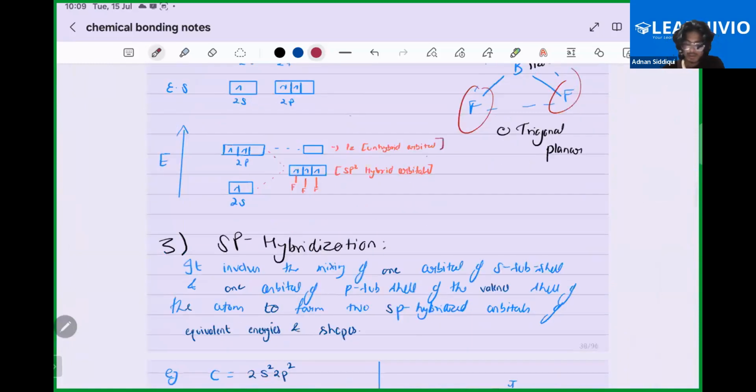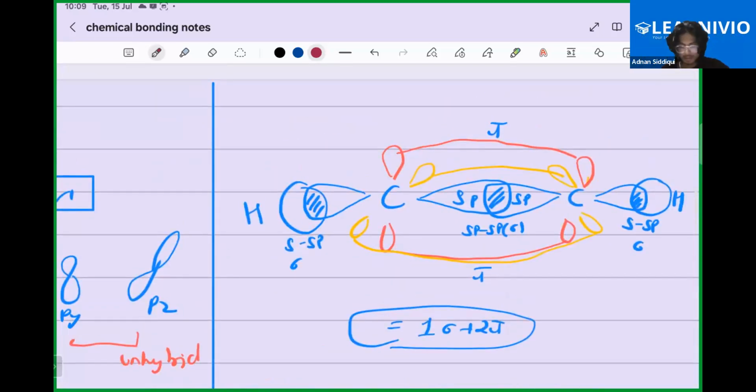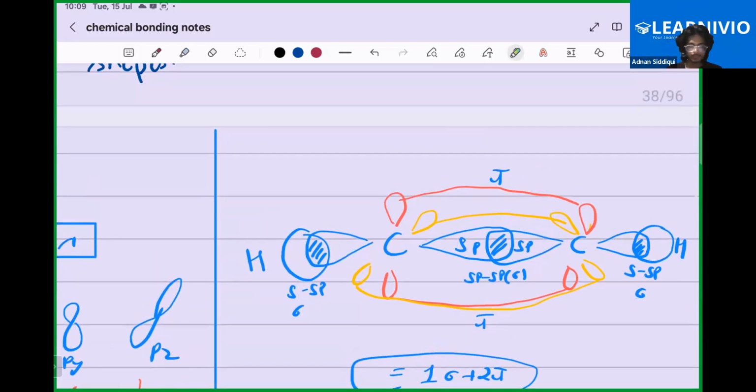See, this one is causing the sigma bond, right? And these two unhybridized orbitals are causing pi bonds. So two pi bonds, and in between we have a sigma bond. In three dimensions, the triple bond will look like this. Is it making sense? Yes, this makes sense. This is a triple bond. So this is the case in the N2 molecule. But my question is, you are saying why it is not like this.